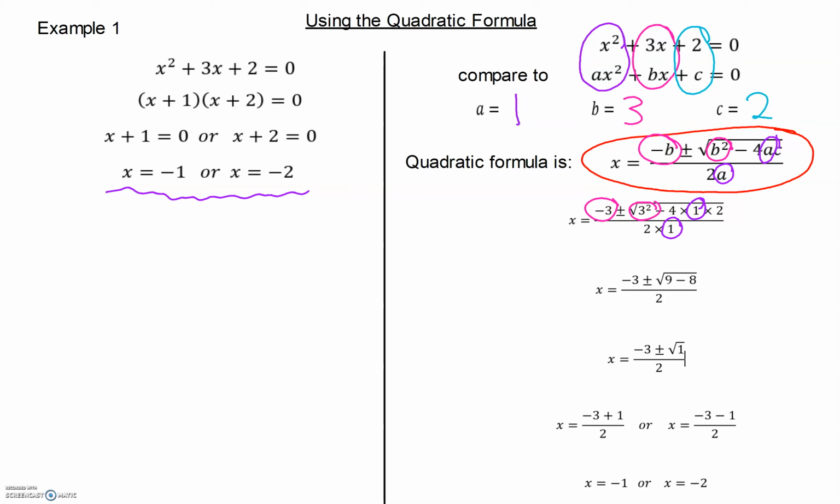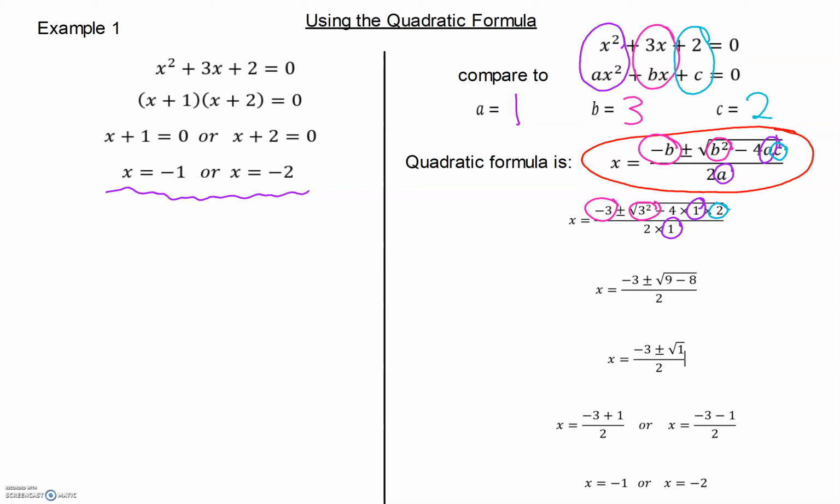And then the value of c is at the end here. And so we substitute it in. We get negative 3 plus or minus the square root of 3 squared minus 4 times 1 times 2, all divided by 2 times 1.